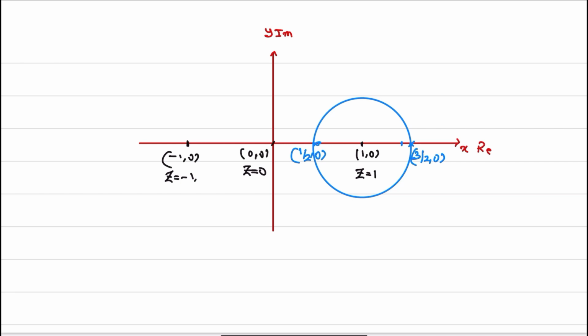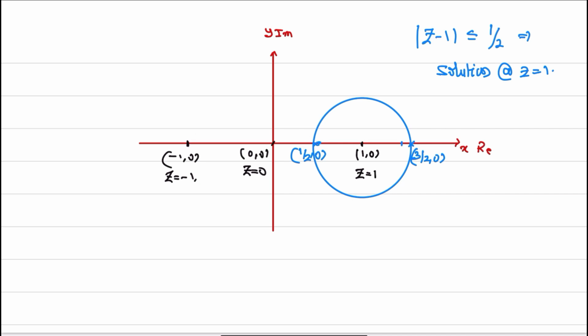And as far as the singularity is concerned, except for Z is equal to 1, where we can define modulus of Z minus 1 is less than or equal to half, there is a solution at Z is equal to 1. Otherwise, there is no solution.